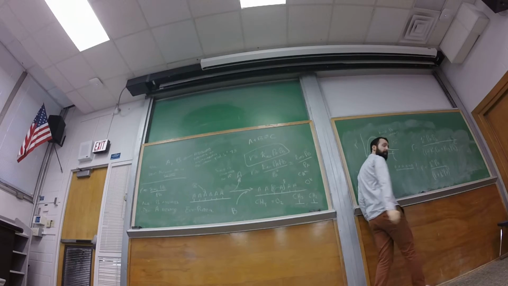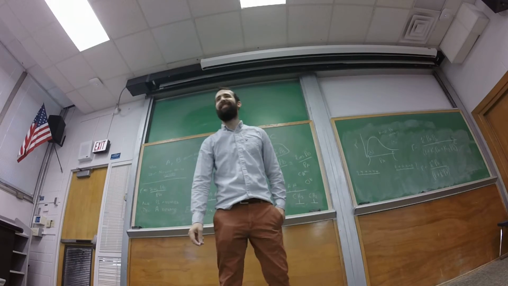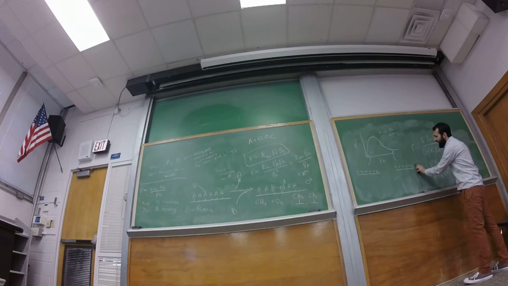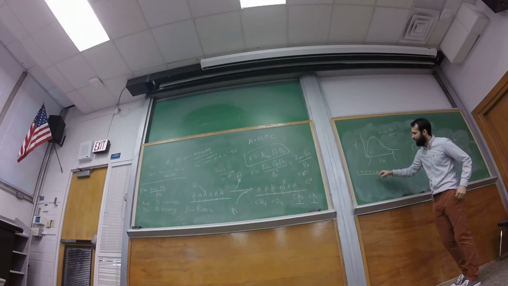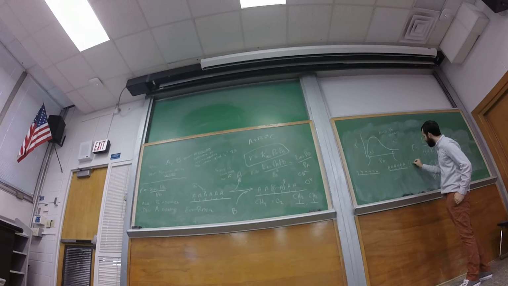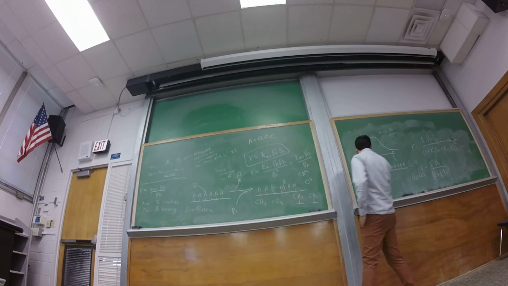Is that correct? Constant value. Right. At the top of the line, right? So I don't know what my surface is covered in. And here I don't know what my surface is covered in. So in both of these cases, we were assuming here that B, this is true if the coverage of B is 0, but if the coverage of B is 0.5, then what would we see instead?